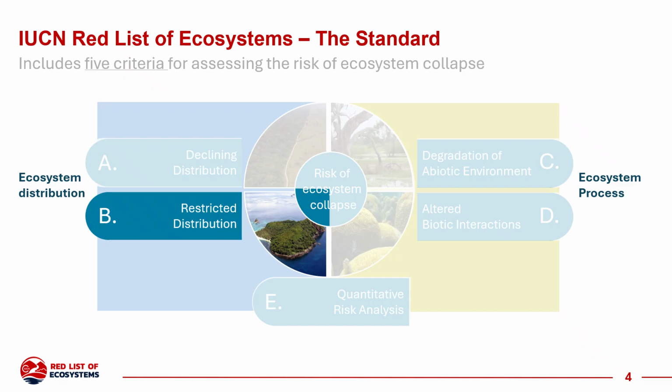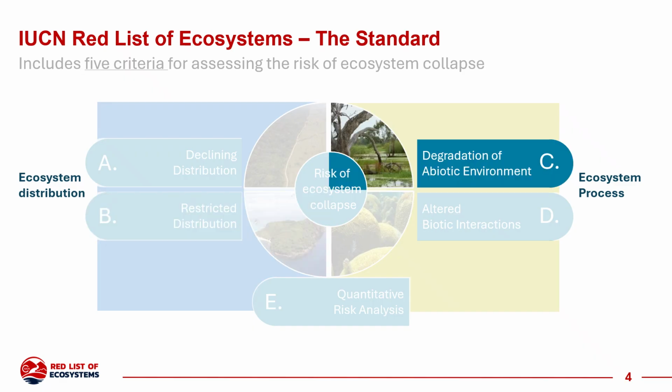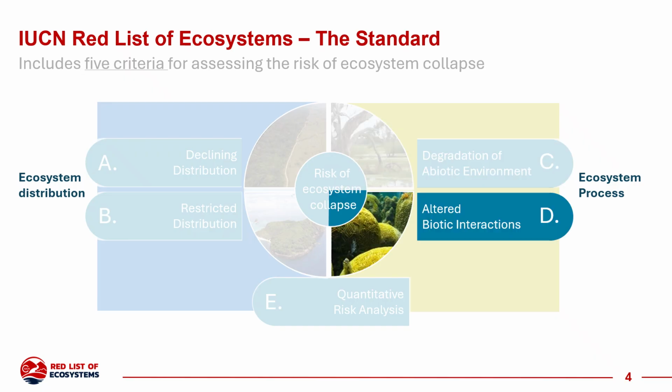The next 2 criteria focus on the internal condition of the ecosystem. Criterion C assesses environmental degradation, specifically the deterioration of key abiotic features like water quality, temperature, or soil conditions that support the ecosystem. Criterion D examines disruptions to biotic processes and interactions.